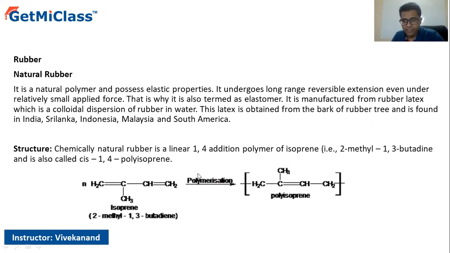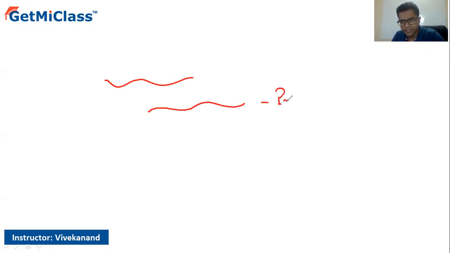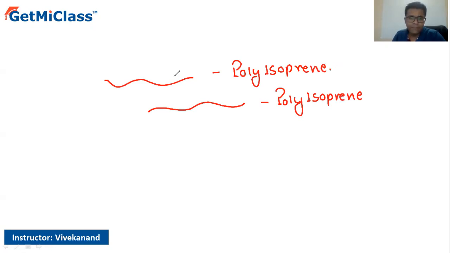Now, in this polymerization, which we have already observed, the isoprene units get polymerized to give us polyisoprene, and that is nothing more than natural rubber. Now, when we observe the chains of this rubber, let's consider that this is a chain of rubber over here, and this is another chain of polyisoprene.